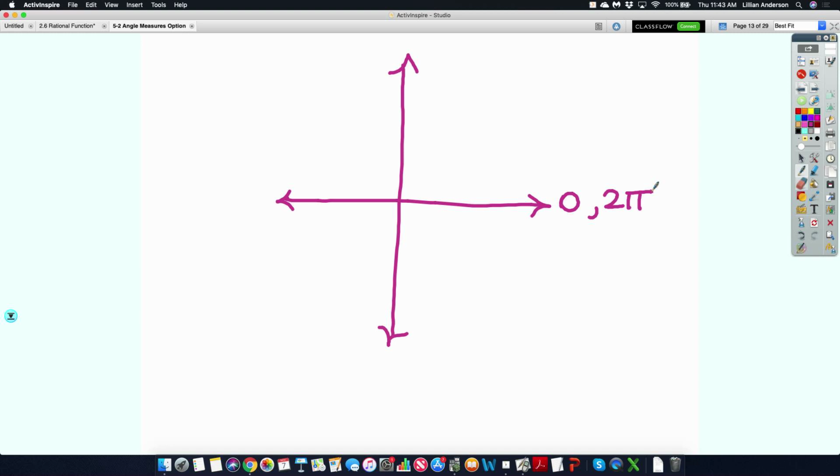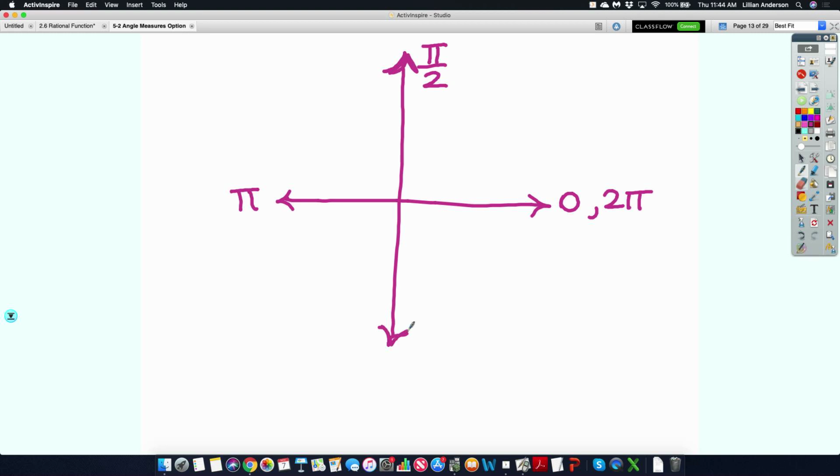So what's half of that? Since 90 degrees is half of 180, this one up here is going to be half of pi, that's pi over 2. So I start at 0, I go half a pi, I'm at a full pi.